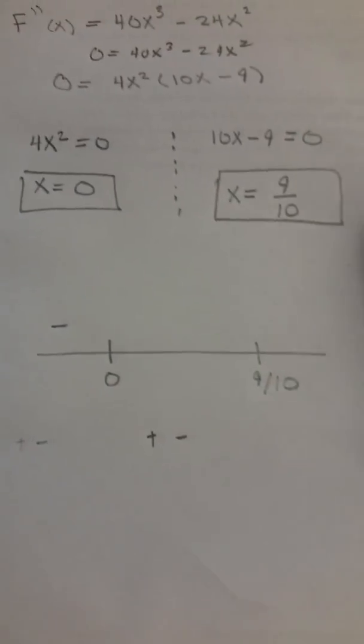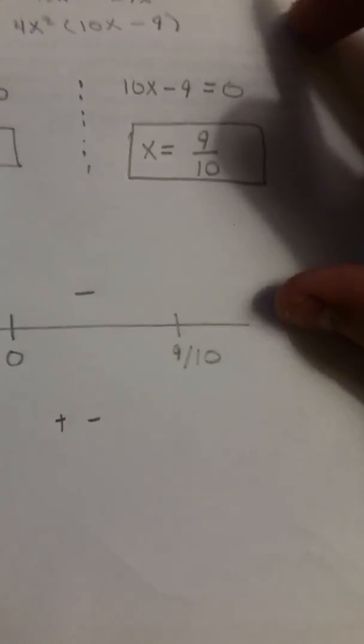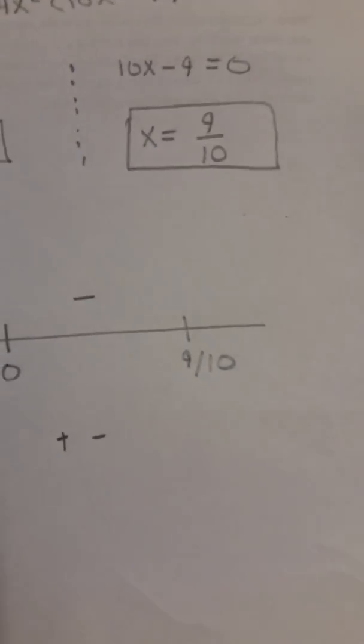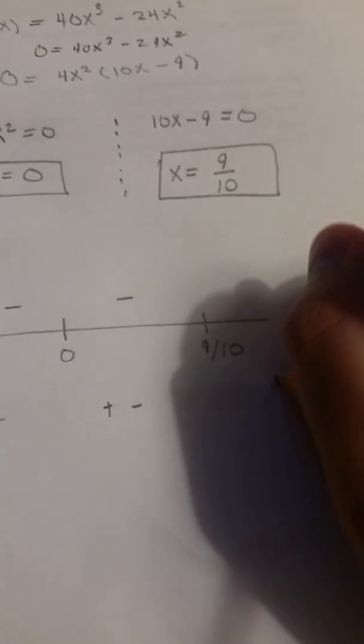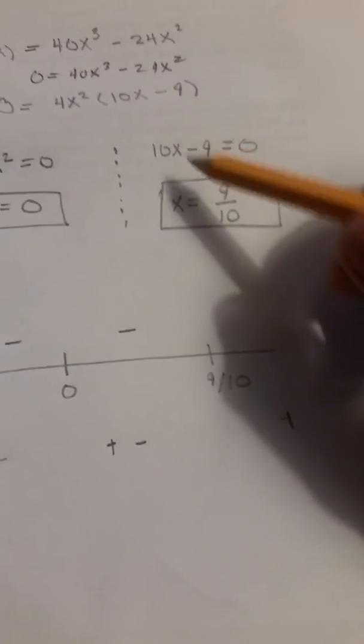This is where the interesting part comes in. It goes negative and negative. Let's go to the next one on the right. Let's try 1. Put 1 here, it's obviously a positive number. Put 1 in the other factor, that's a positive number as well. So that's another positive.